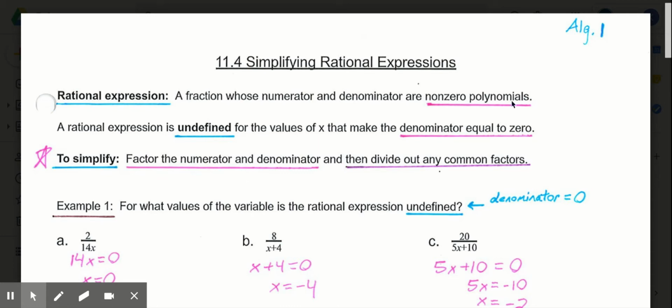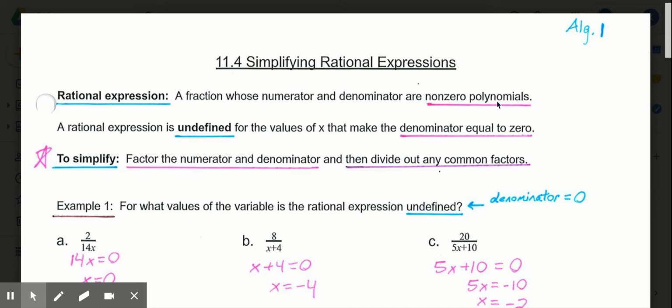By that it means the numerator or denominator are neither zero, and a polynomial is anything that's a monomial or greater. We're going to look at those rational expressions in a little bit.